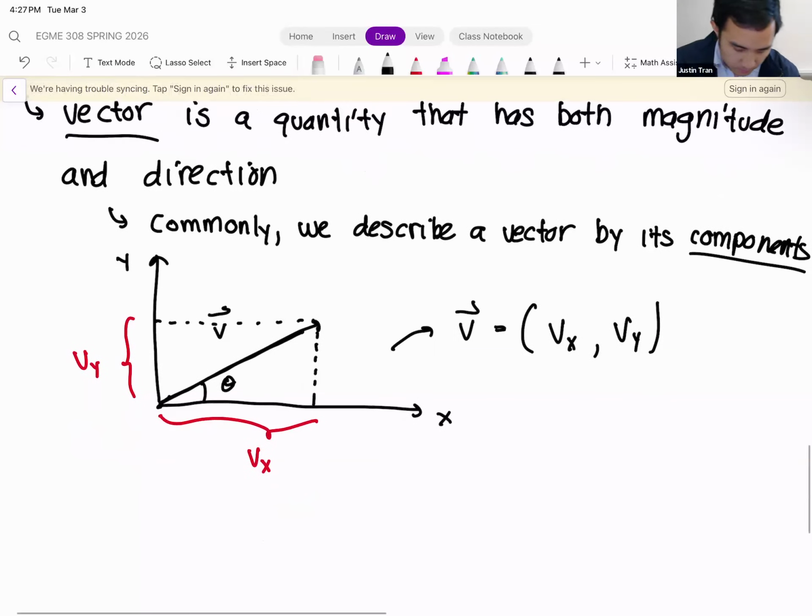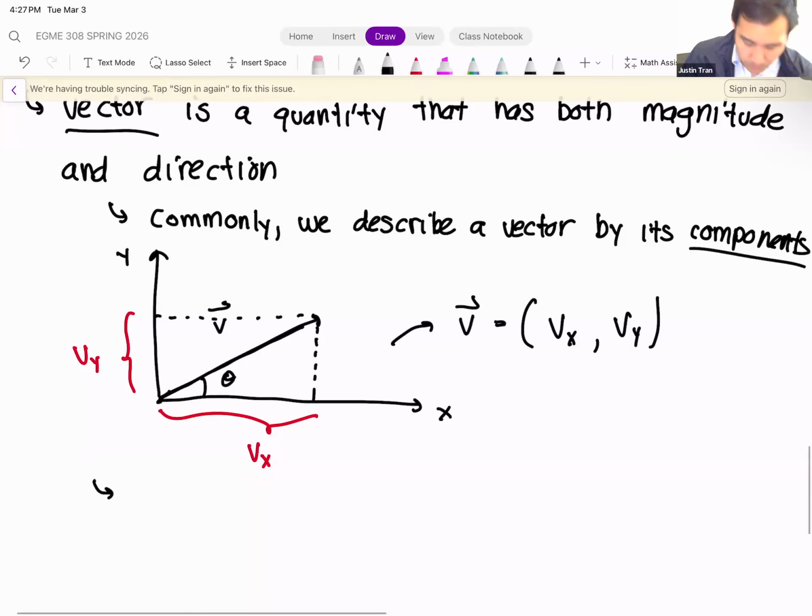All right, so if you have two vectors, we say that two vectors are equivalent if all of their components are equivalent to each other.